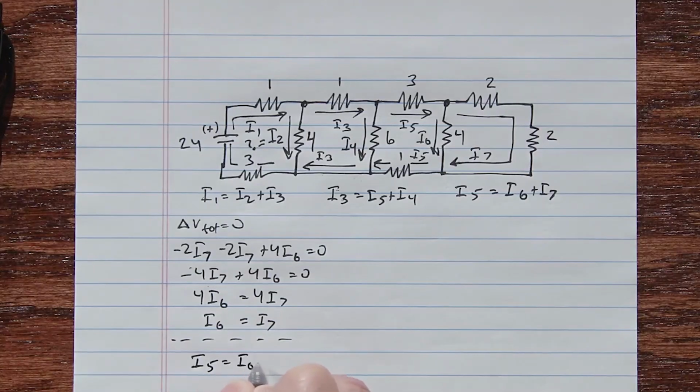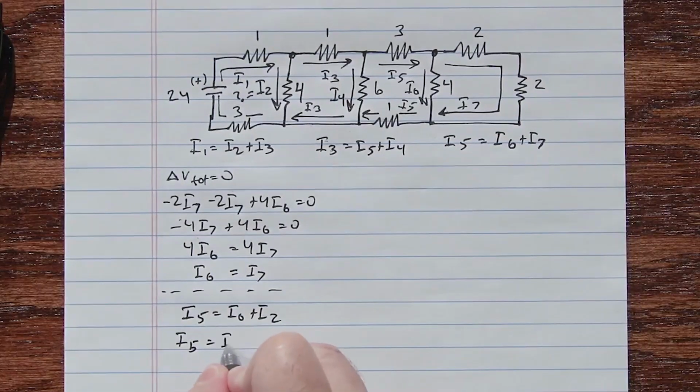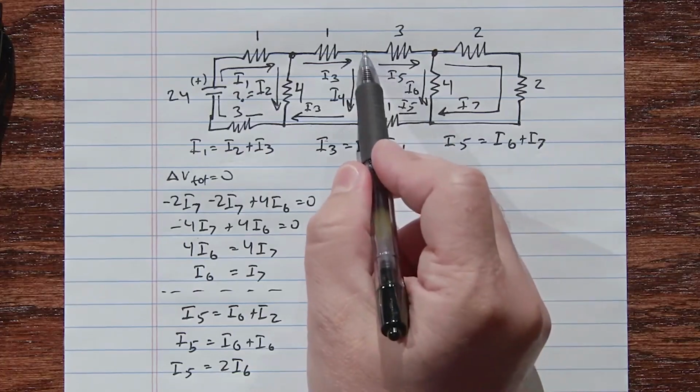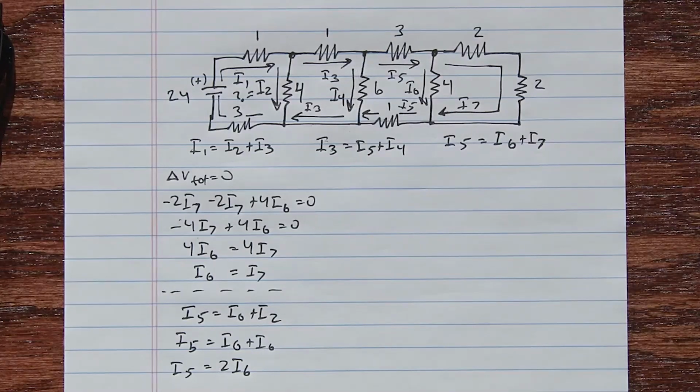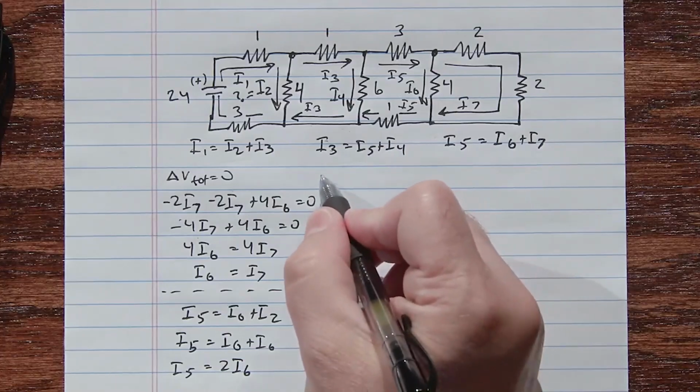I5 is equal to I6 plus I7, or I5 is equal to I6 plus I6, or I5 is equal to 2I6. So now we've eliminated I7, and then we'll be able to go around this loop, ultimately eliminating I6, and so on.